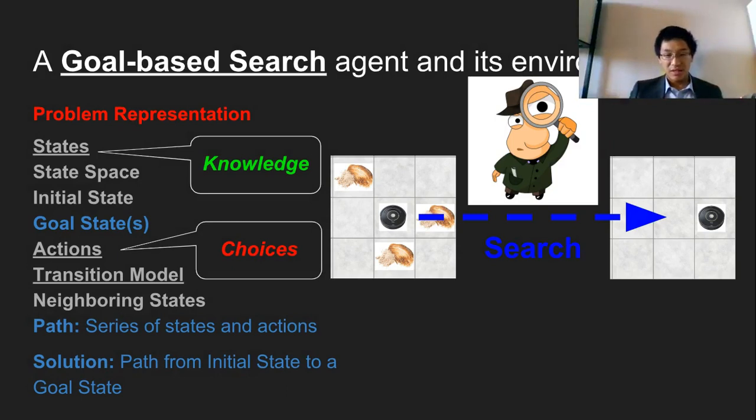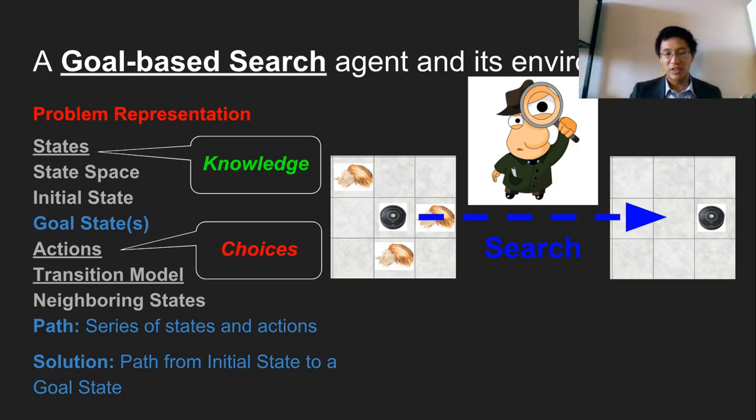So, in conclusion, this is where we ended up. We've got a really good approach to problem representation for a lot of problems, and it involves knowledge and choices, and we also said all the definitions of the things that we need to know for how we're going to approach searching and hopefully meet our performance measure, or maximize our performance measure in that.